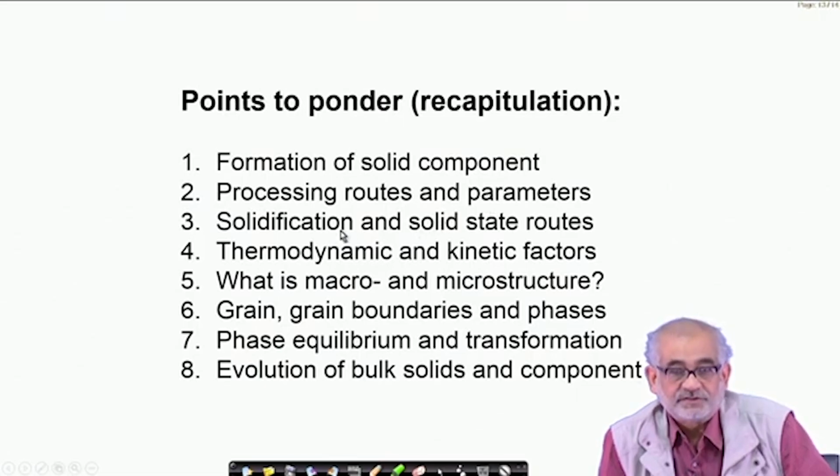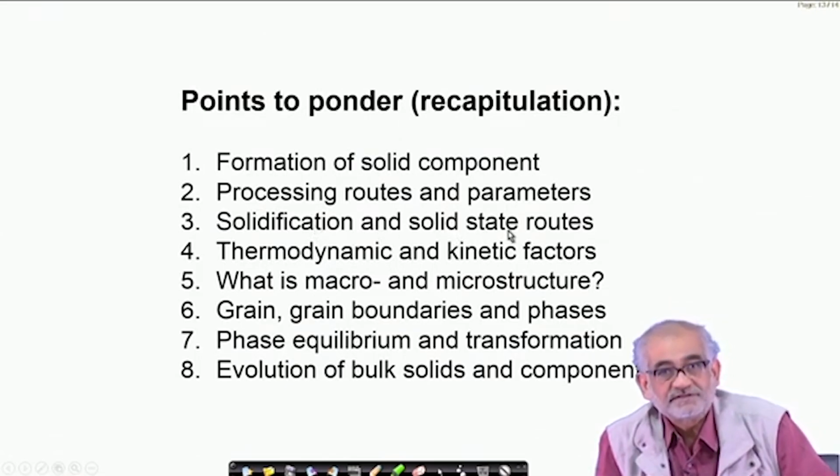We can form solids either coming from the melt, which we call solidification. I didn't mention it, but we certainly can form solids from the vapor in various important cases, and we call them condensation processing.